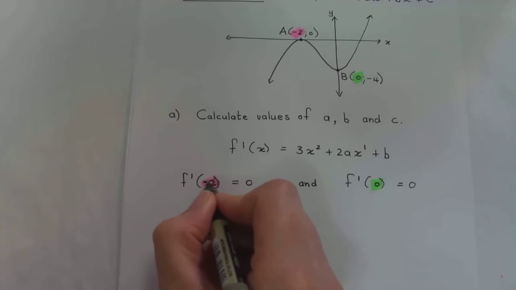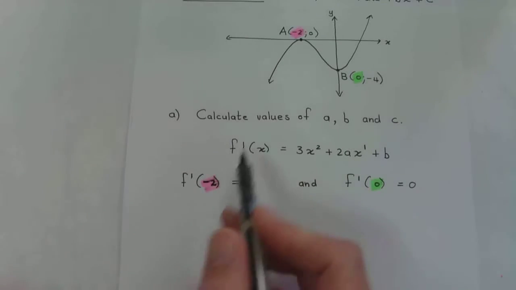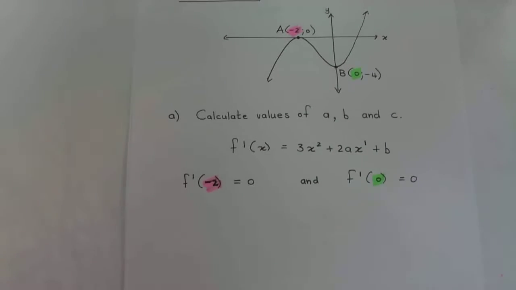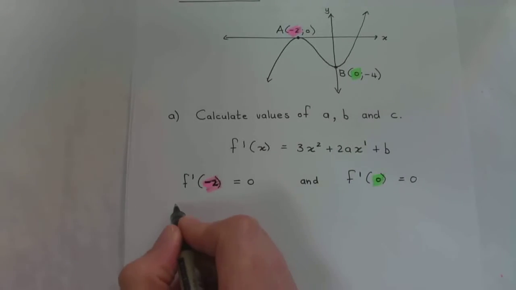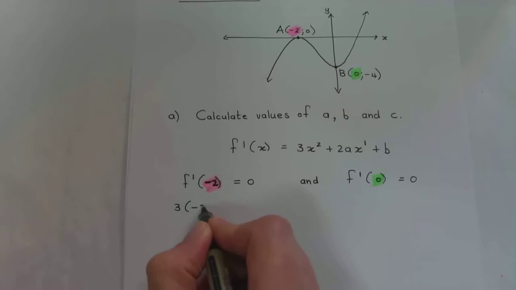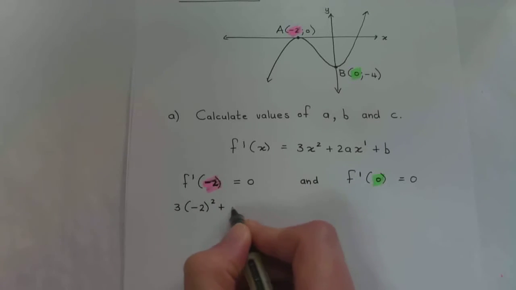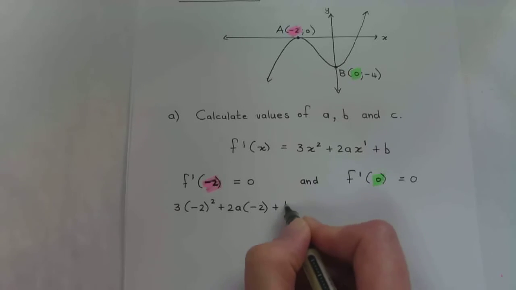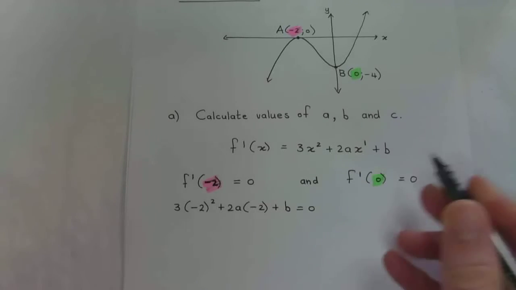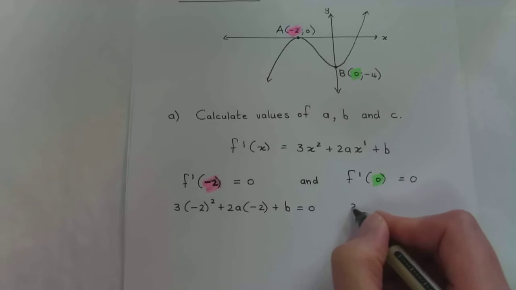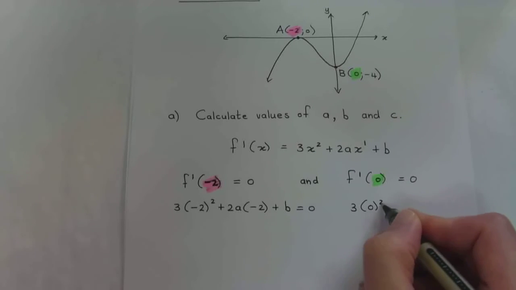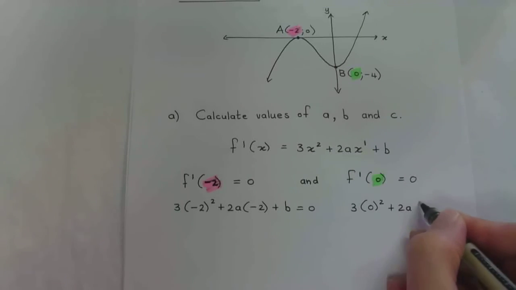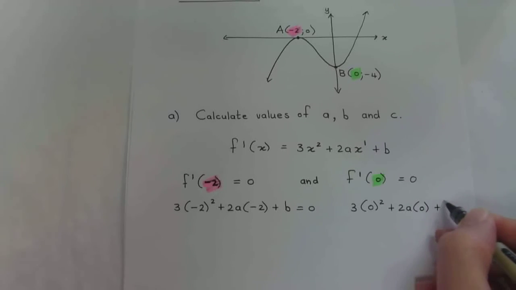Specifically, the reason why I set it equal to 0 is because the gradient at those turning points is equal to 0. So looking at this first derivative, I then say 3 times negative 2 squared plus 2a times negative 2 plus b is equal to 0. And I'll simplify that just now. And over there, I'm going to say 3 times 0 squared plus 2a times 0 plus b is equal to 0.